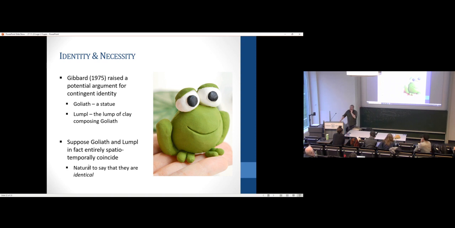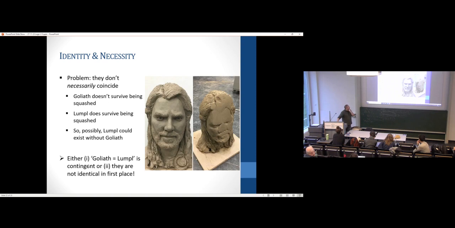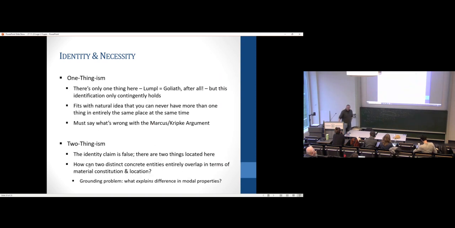So what can we do in response to this Goliath-Lumpel case? Well, really the two options are the ones we've got listed here. Either we embrace contingentism, or we deny identity. To put it another way, the two options here are often called one and two thingism. So called because it's a question of, when you look at Goliath and Lumpel, how many things are there?